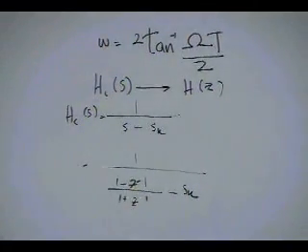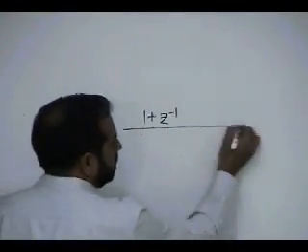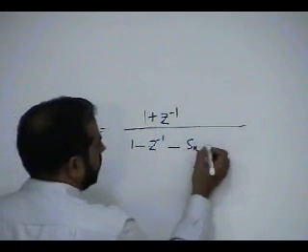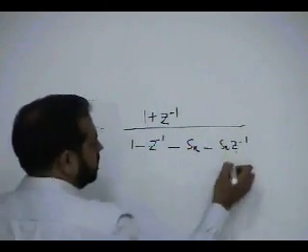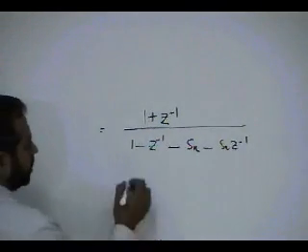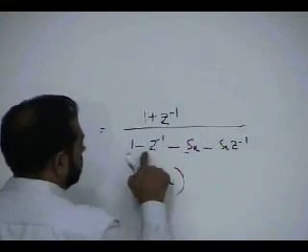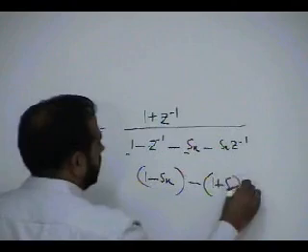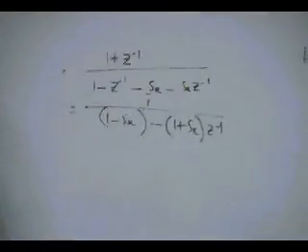And this is equal to 1 plus z inverse over 1 minus z inverse minus sk and minus sk z inverse, right? So this is 1 minus sk, and this is minus 1 plus sk times z inverse. Am I right in doing this? Okay.